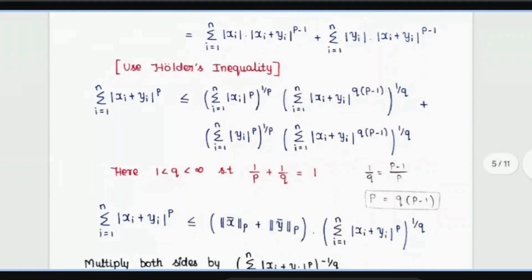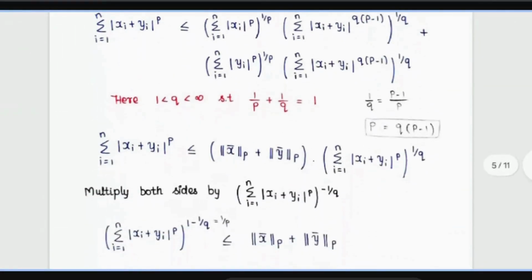Now this term is common: (summation i from 1 to n |xi + yi|^(q(p-1)))^(1/q). With simple rearrangement, 1/q is (p-1)/p, and q times (p-1) is p, so we substitute p. So we get this inequality.